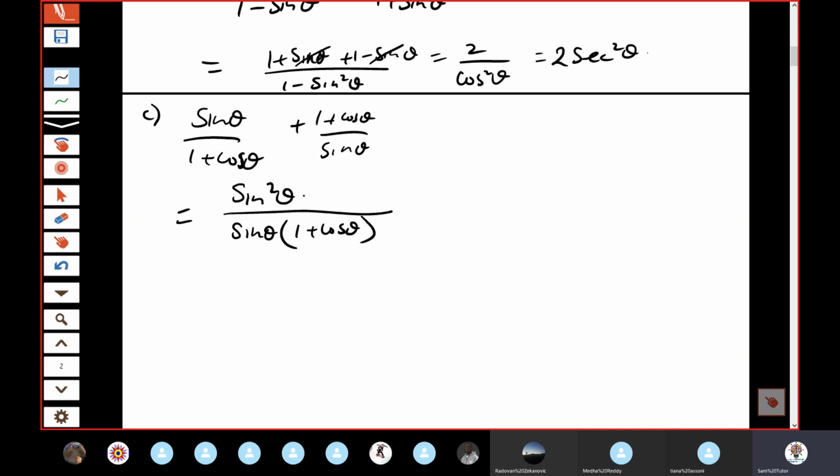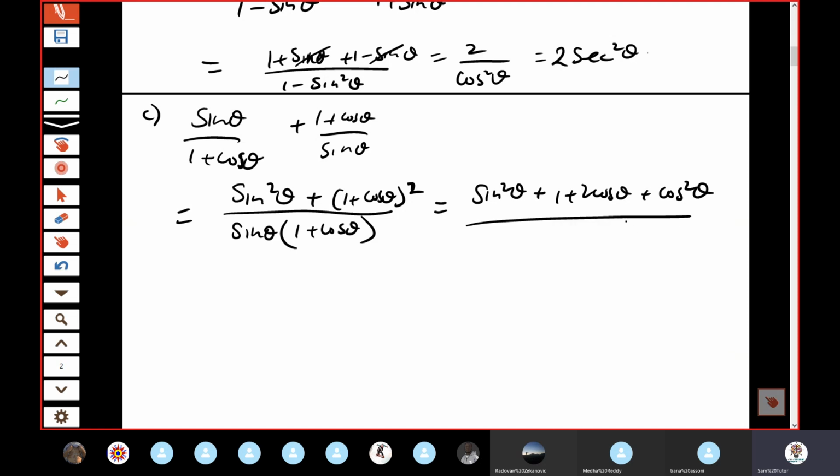So sine times sine is sine squared. This times this is 1 plus cos theta all squared. Sine squared plus 1 plus 2 cos theta plus cos squared theta. Do not ever expand your denominator. Same thing as calculus, you don't expand your denominator. If it's already factorized, don't touch it. Because you'd rather cancel than expand and forget cancelling.